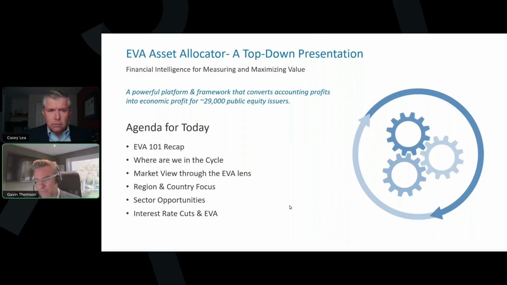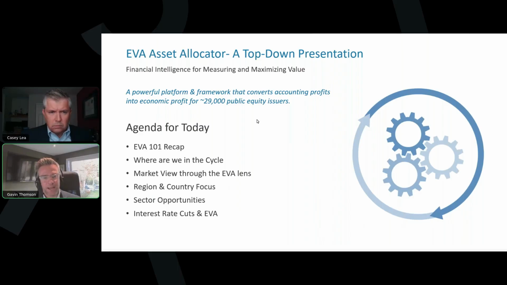In terms of agenda for today, I mentioned it earlier, but just in terms of some of the specifics, we did a webinar a couple of months ago, but for those that didn't attend and for those who are new to EVA, I think it's good to have an EVA 101 recap, exactly what is EVA. Then coming on to where we are in the cycle, there's a top-down macro chart that we're going to look at there.